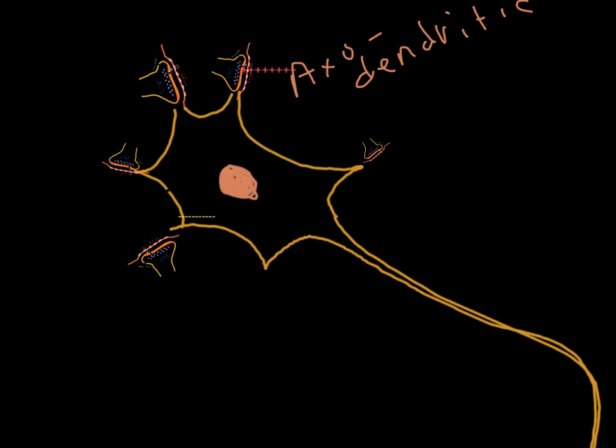So you would think of positive ions coming into the cell as being a positive current, but rather positive ions coming into the cell is an inward current, which is actually a negative current.